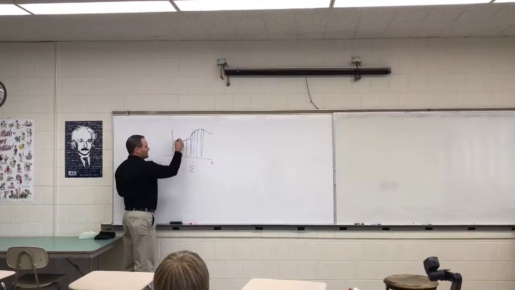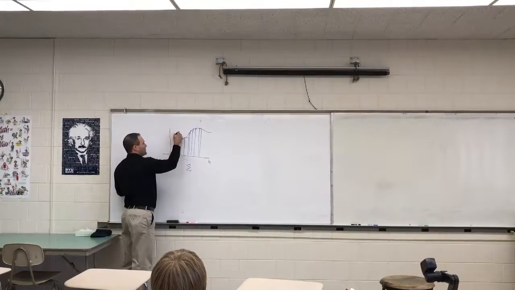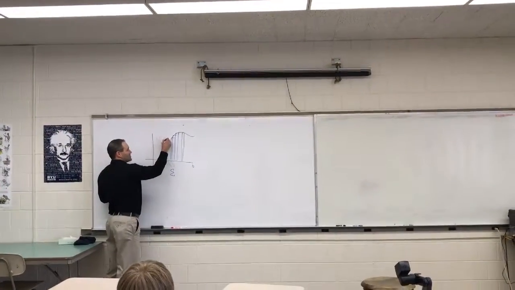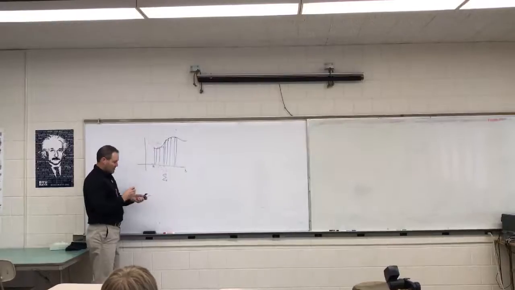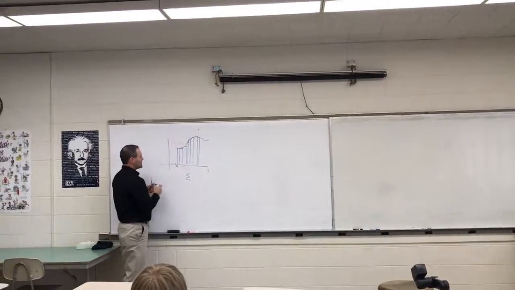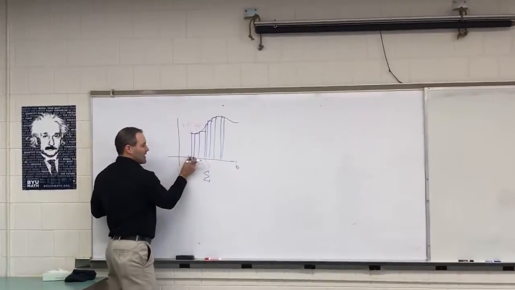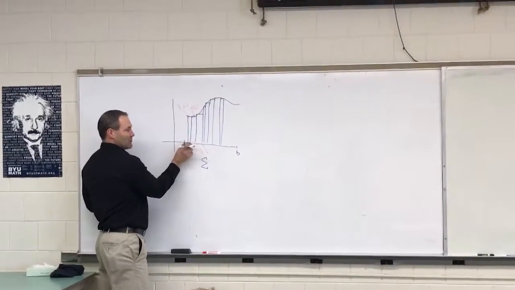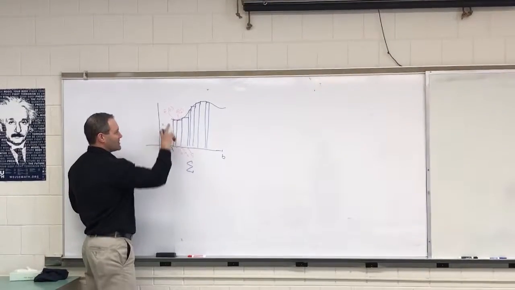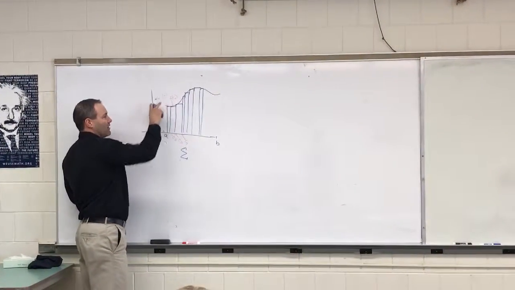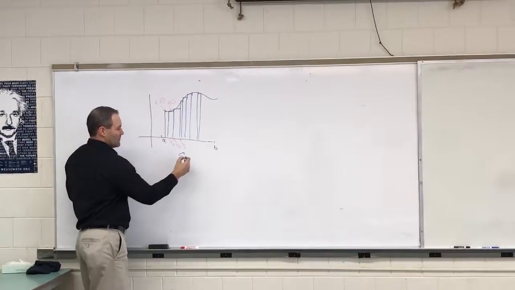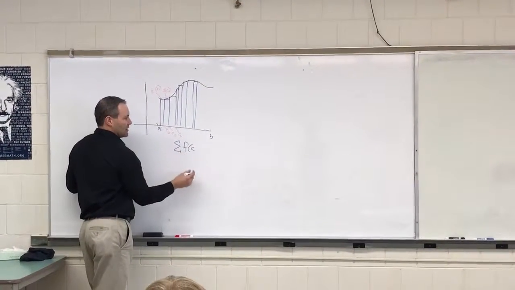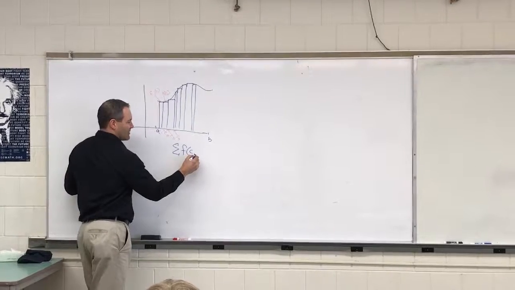This height would be f of C1, and this height would be f of C2, and so on. Each individual rectangle's width is your change in x, or delta x, and the height is f of c sub k.